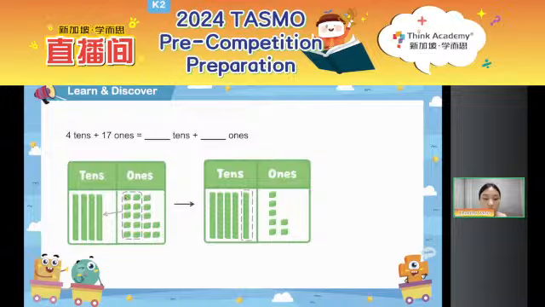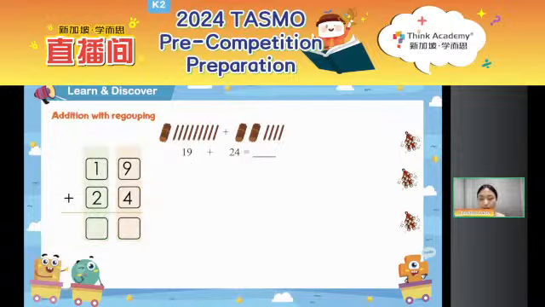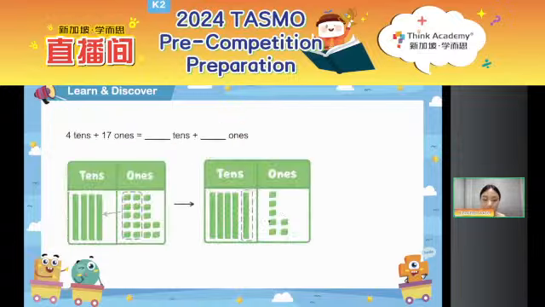So we just said that 10 ones equals 1 ten, right? So we can group these 10 ones and turn them into 1 ten, so that we can have 5 tens and 7 ones. Good job, everyone.